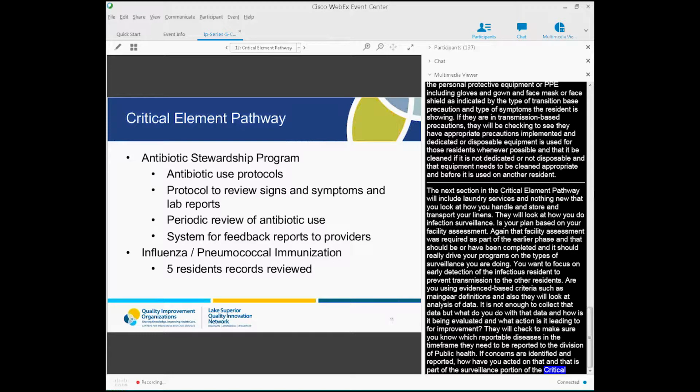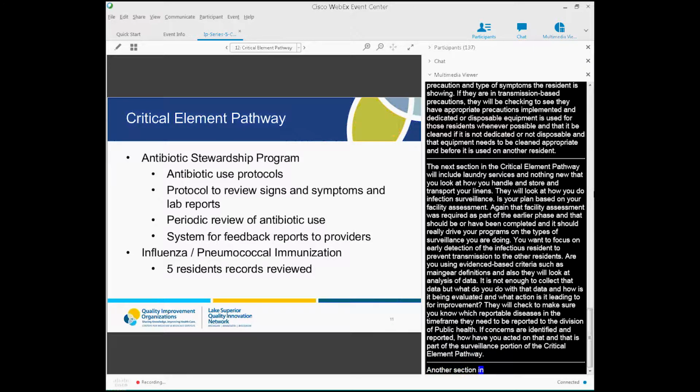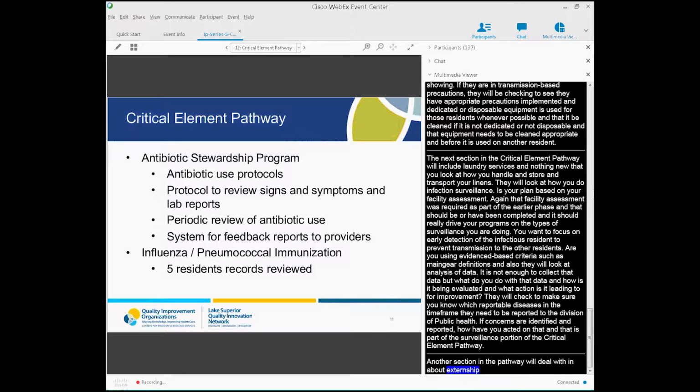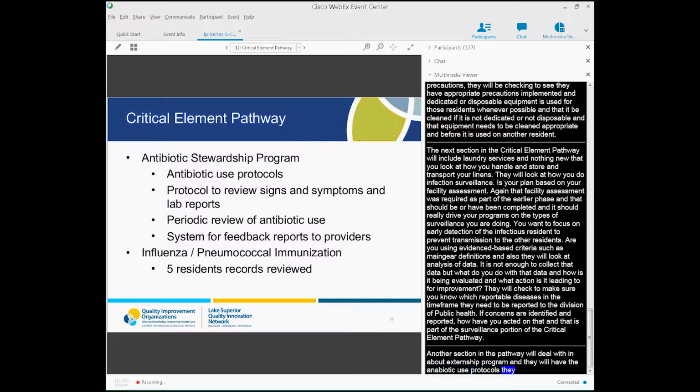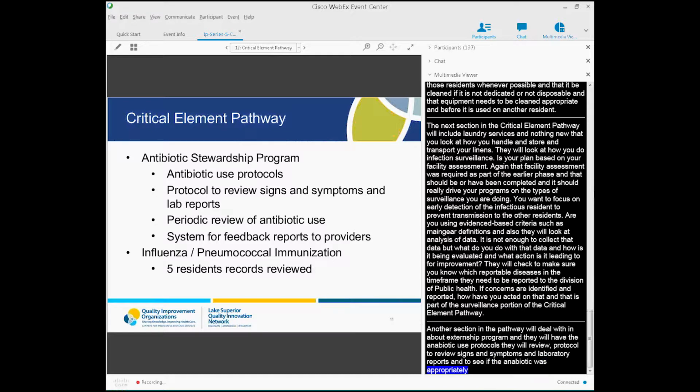Another section in that pathway will deal with the antibiotic stewardship program. They'll review your antibiotic use protocols, and protocols to review signs, symptoms, and laboratory reports to see if that antibiotic was appropriately prescribed and indicated. Do you do a periodic review of your antibiotic use?